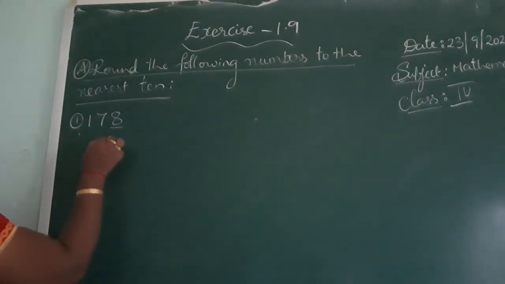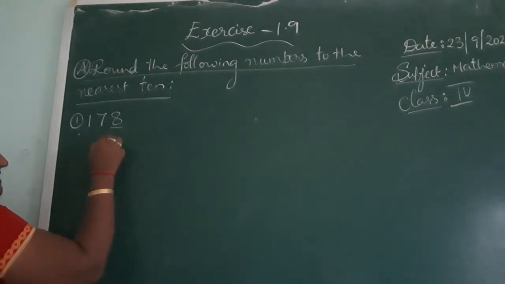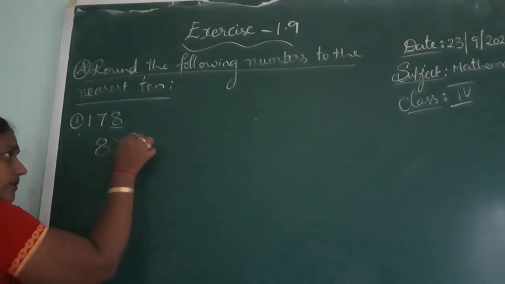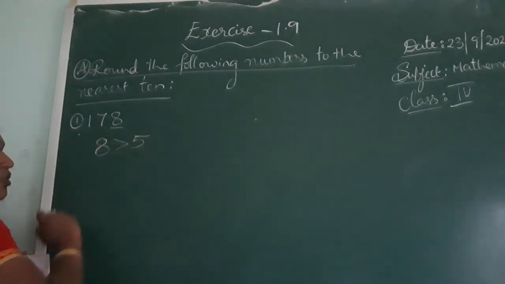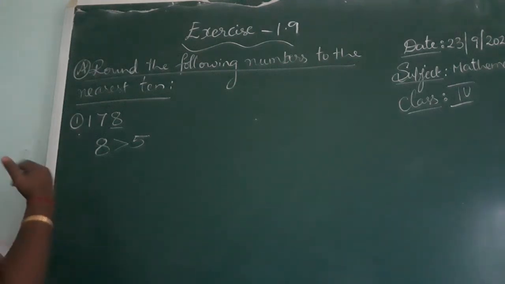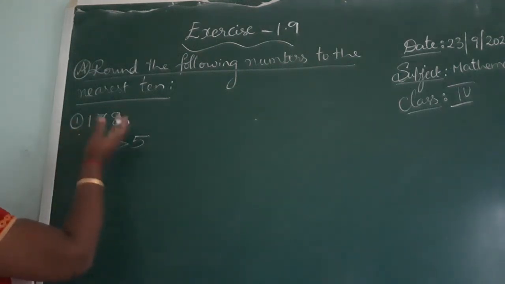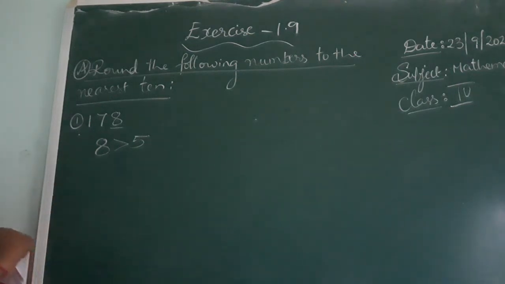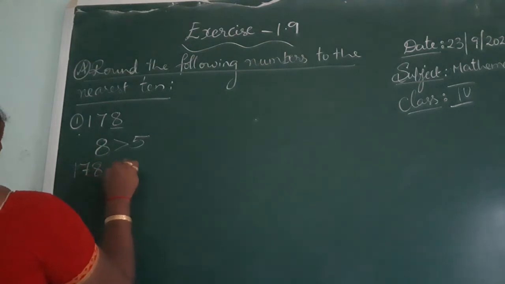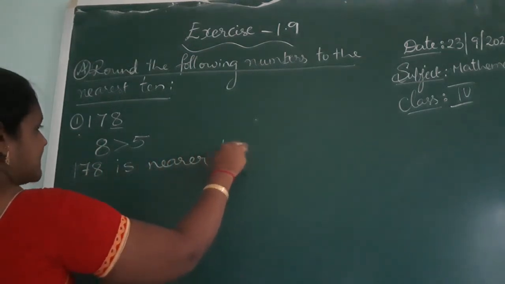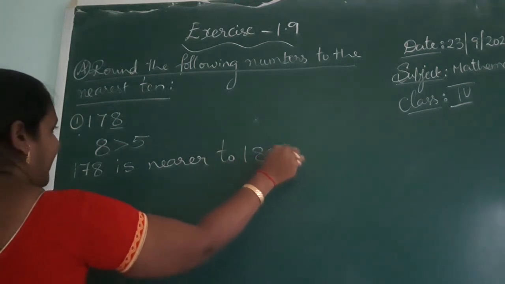Is it more than 5 or less than 5? It's more than 5. If it is more than 5, it is always rounded up. What will come as the next ten after 178? 180. 178 is nearer to the next 10, which is 180.